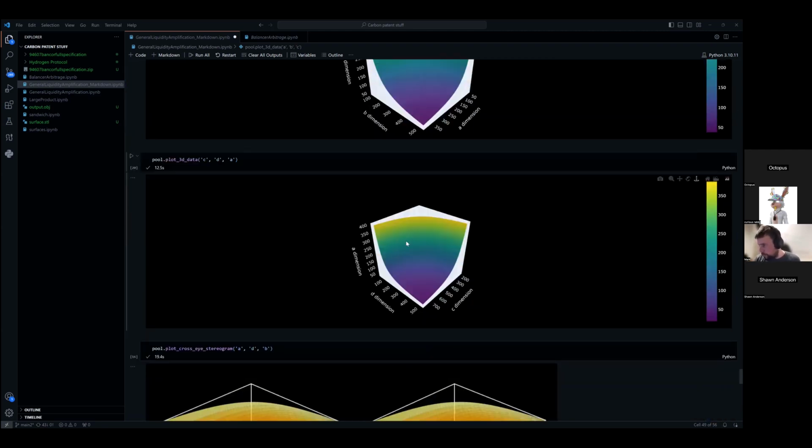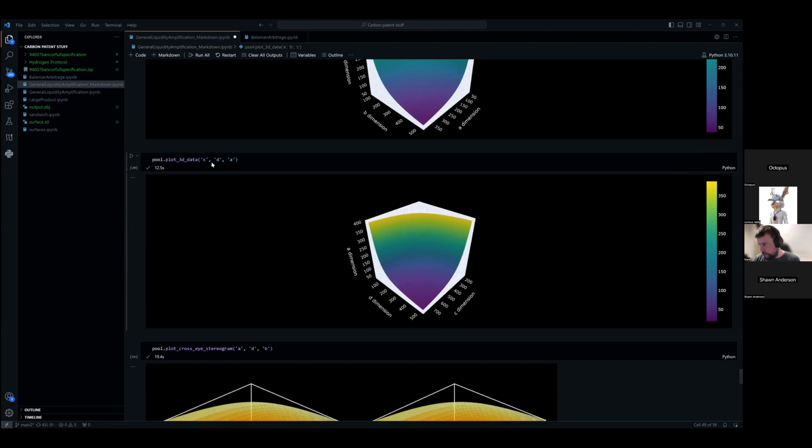And just to make the point perfectly clear, here is one with dimensions C, D, and A, and it looks like the same shape. But you can see that now we've got the C dimension on one scale, the D dimension on the other, and now the A dimension is coming off the Z axis and ending at 400. So you can gain a better appreciation for how these things work.